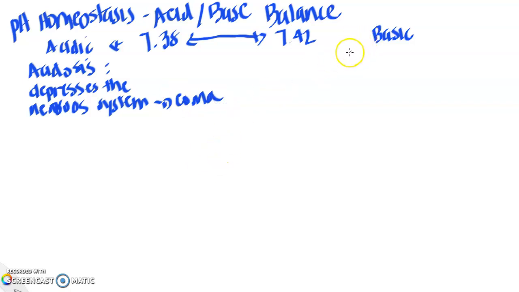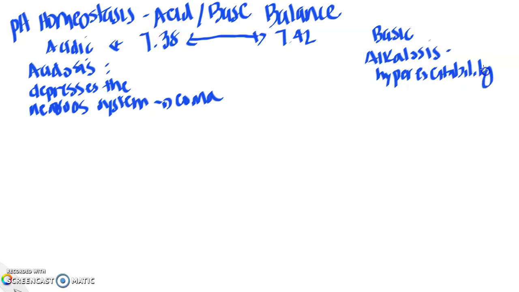In alkalosis, which is way above the 7.42 number there, we're talking about hyperexcitability. So cramping is a problem here.